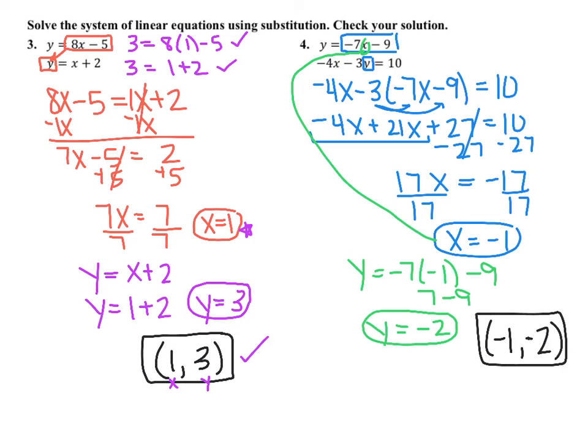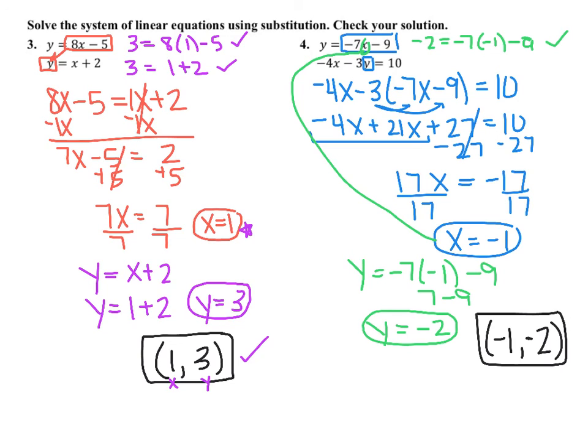My directions, though, remind me to check my answer, so I want to make sure I do that. If I put in negative 1 for x and negative 2 for y, are both of my original equations true statements? So negative 2 equals negative 7 times negative 1 minus 9, right? And again, I can just type that in my calculator to make sure I get negative 2, and I do.